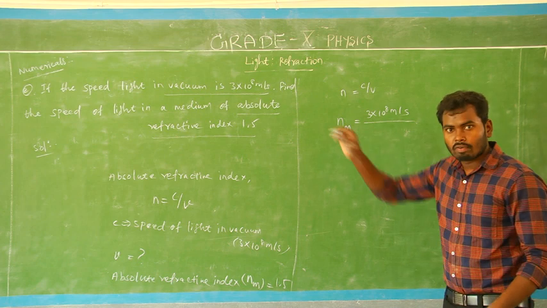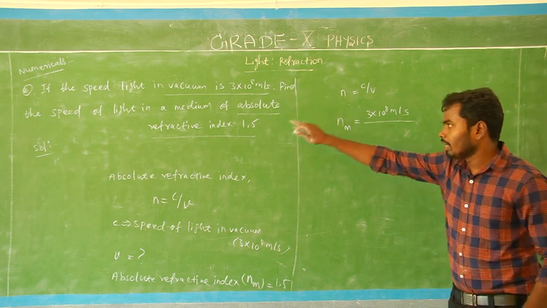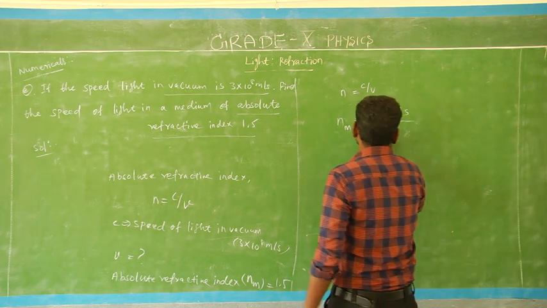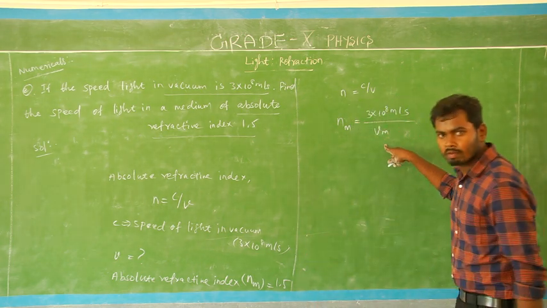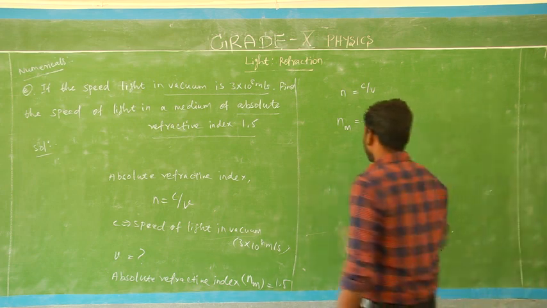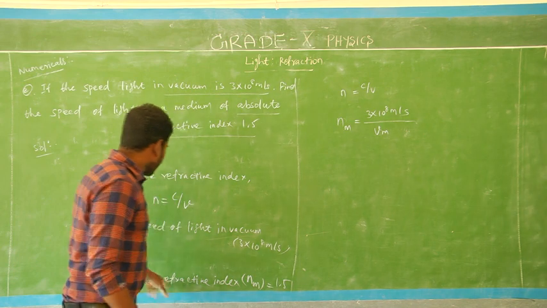Speed of light in the particular medium. Here the medium name is not given, so consider it generally as a medium. So Vm is the speed of light in that medium. Already we know the absolute refractive index value, 1.5.